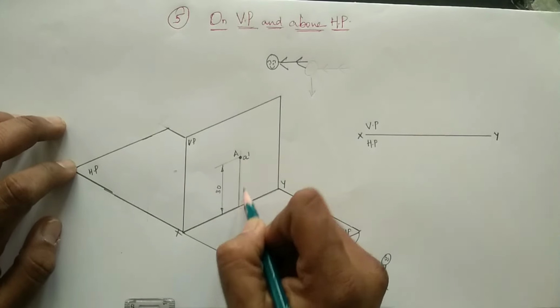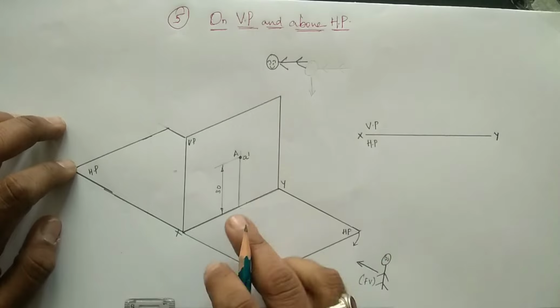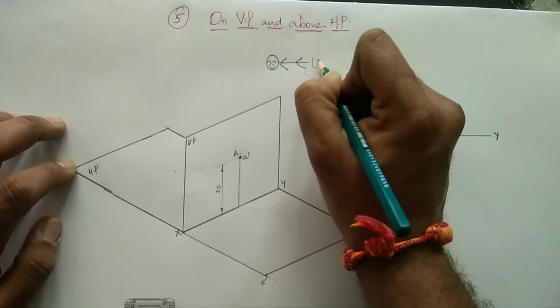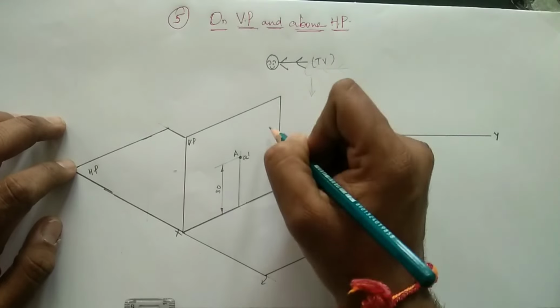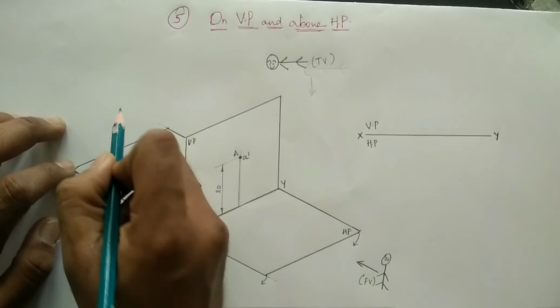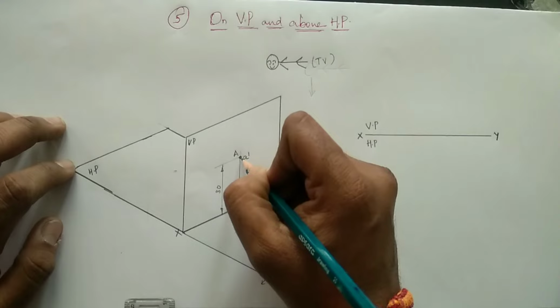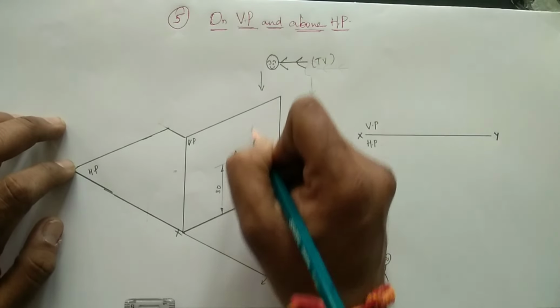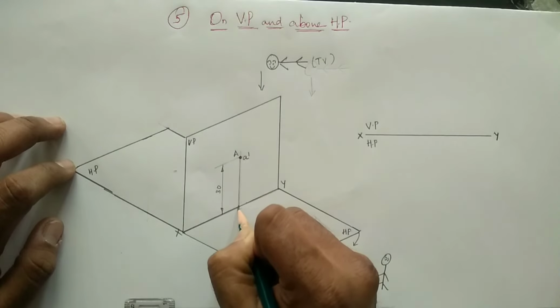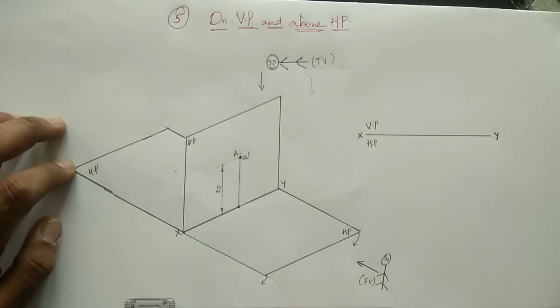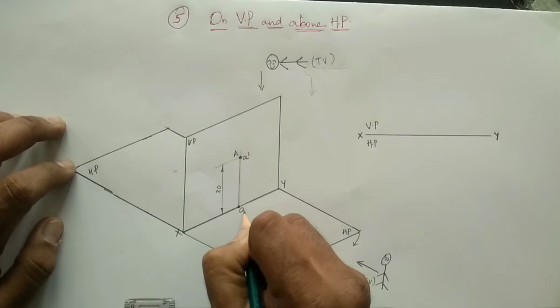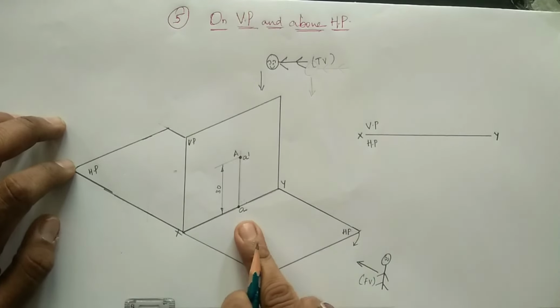When the observer sees from the top view, the point is neither in front nor behind. So when seen from the top view, it has its existence on the XY line itself. Marking it as small letter a.